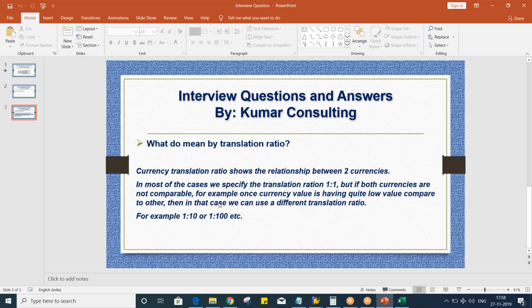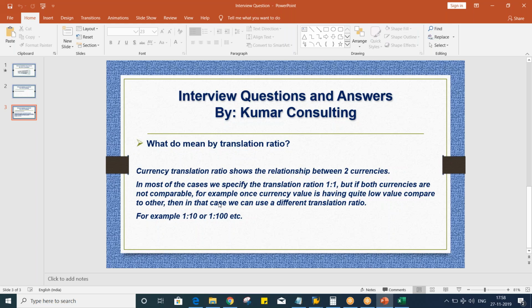It could be 1:10, it could be 1:100, and you can quote the example, say for example this currency pair, that if this is the price and you maintain that rate in SAP, SAP is not going to accept it, because here the value is quite large, right?